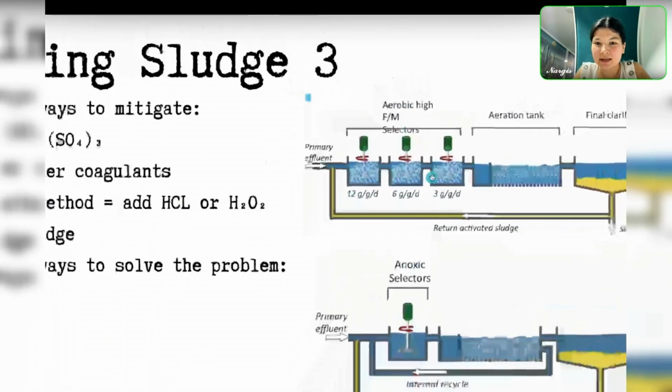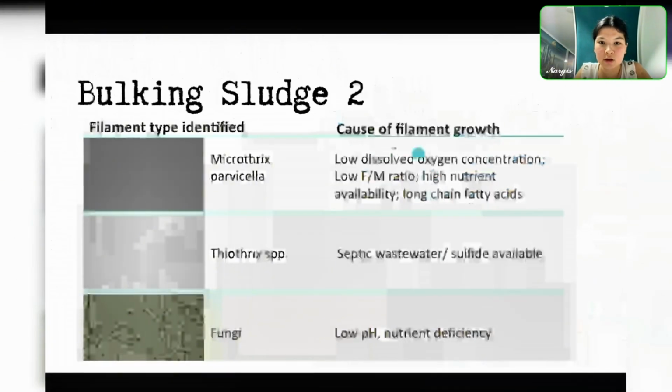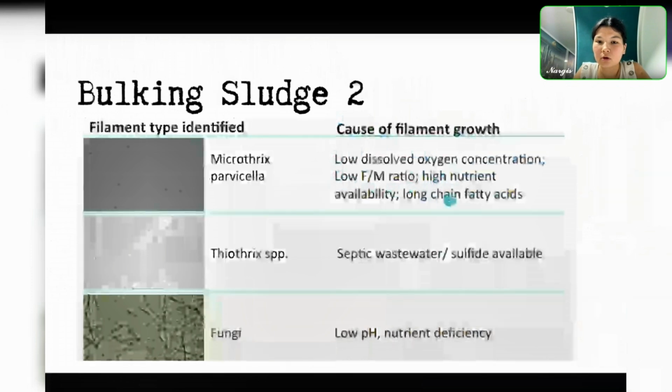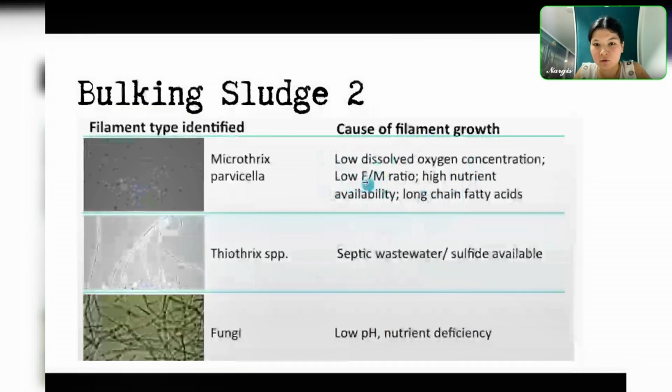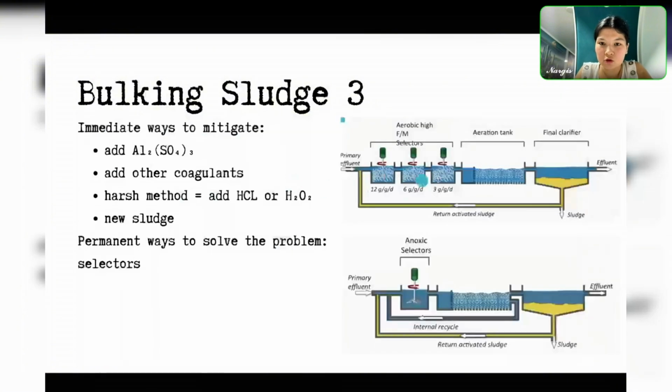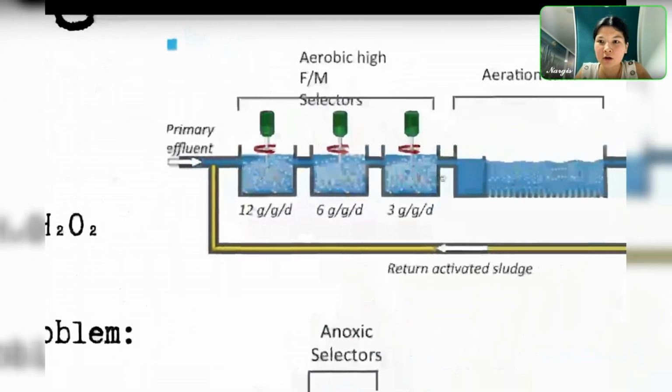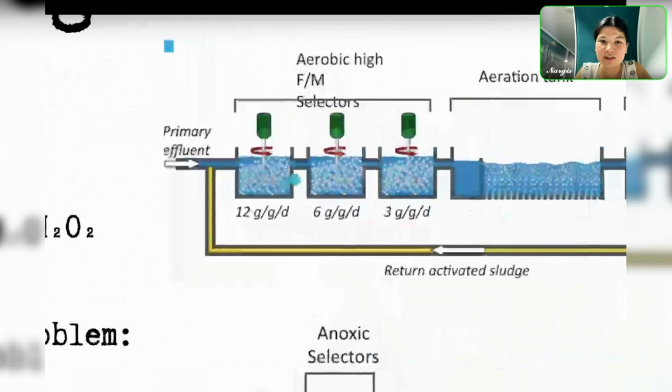So what happens in selectors is, if you saw here, in fact, if your oxygen supply is very low, or your BOD, so this F to M, food to microorganism ratio, meaning BOD is low, then such kind of bacteria start growing.